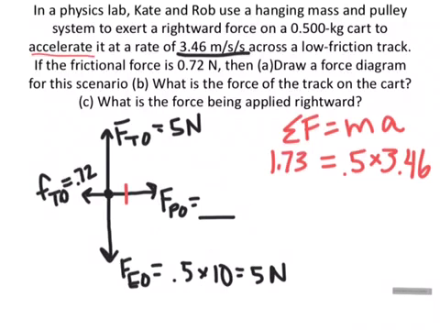So that is 0.72. And the rest of this is your sigma F, which we just calculated to be 1.73. So if we add those two values together, we can get the overall force of how much the pulley is being exerted on the object, which comes out to be 2.45 newtons.